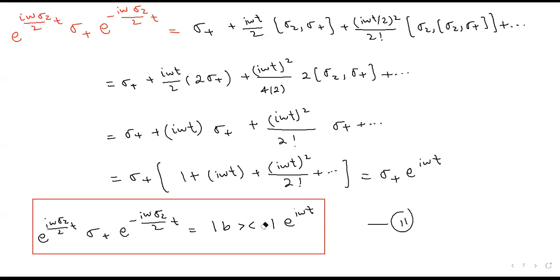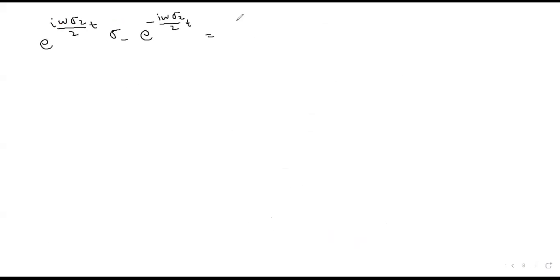So this is BA. Oh god. And this will be sigma minus e^(-iωt), or e to the power minus iωt. So let me call this equation number 12.